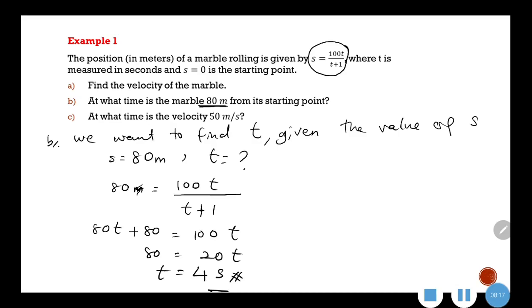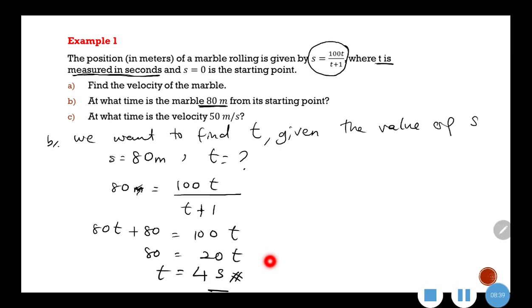Why seconds? Because in the question it is stated t is measured in seconds. Always remember to check the question first, to check the unit. This answers question b.